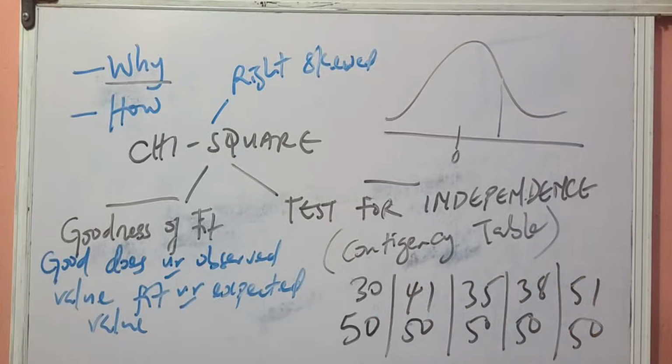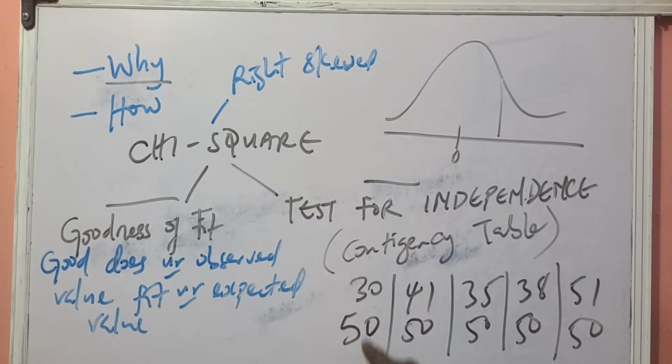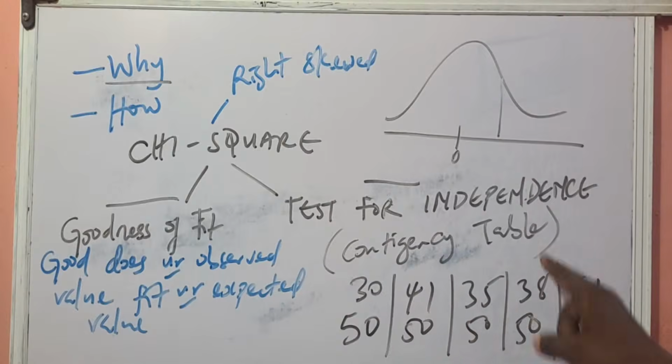By the way, note that we're going to be talking about degree of freedom also under chi-square test, and in this case we're not going to be talking about it the way we said it under t-test. It's going to have to do with the number of categories. So note the word I'm saying when I said it's best for categorical data. In this example I'm giving, this is 5 categories. Of course, this is observed, expected of a Monday, of a Tuesday, of a Wednesday, of a Thursday, of a Friday.